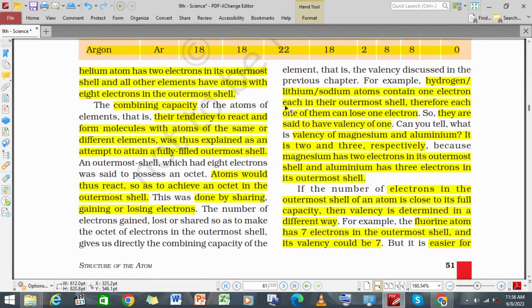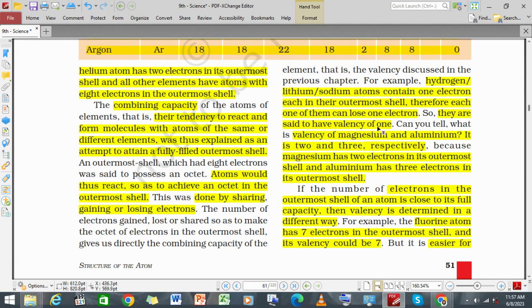Now the hydrogen, lithium, and sodium atoms contain one electron each in their outermost shell. So if they have a small number of electrons, they will give the electron to other atoms. And if there are more electrons, the atom will take electrons to fulfill up to 8.